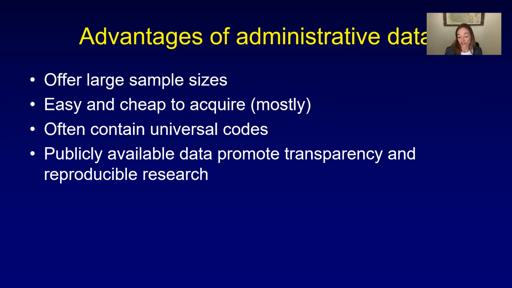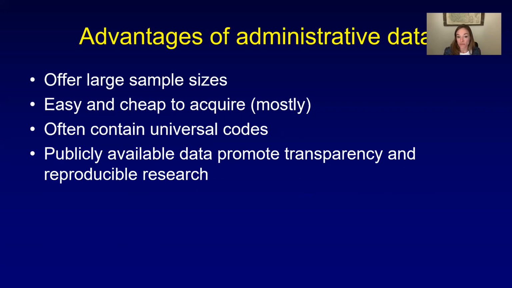Obviously, you can get very large sample sizes, and that's uncommon in clinical trials in palliative care. So using EHR or administrative databases is good because we can explore more hypotheses and more stratified analyses that would require a larger sample size. Typically, the data are easy and cheap to acquire, but at some institutions, EHR data can actually take some time to obtain, so keep that in mind.